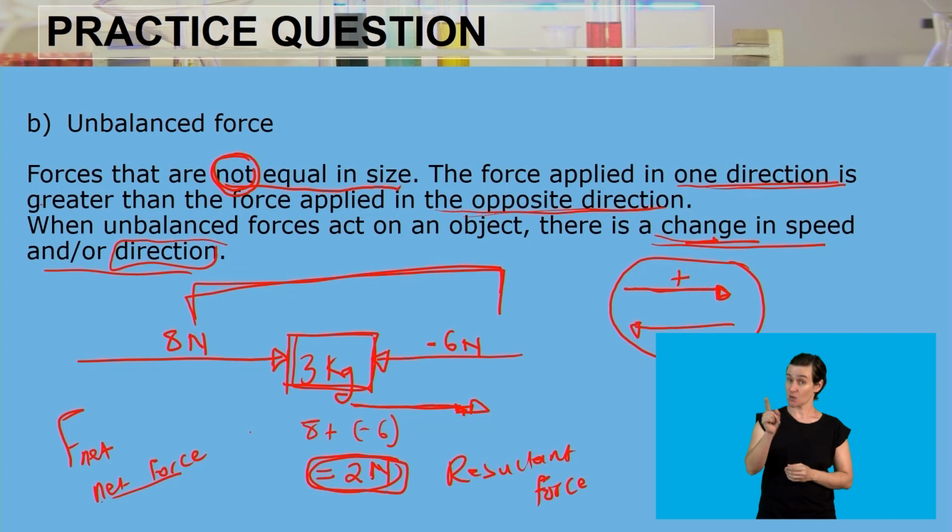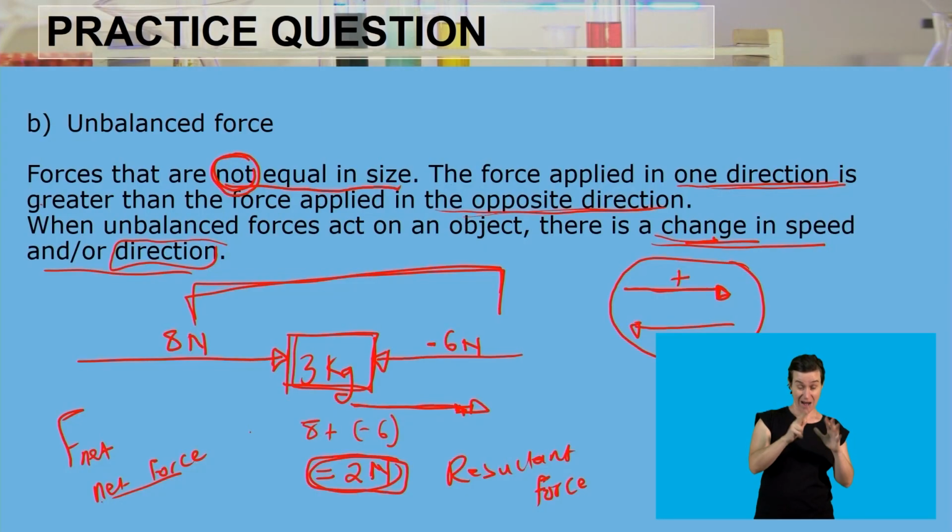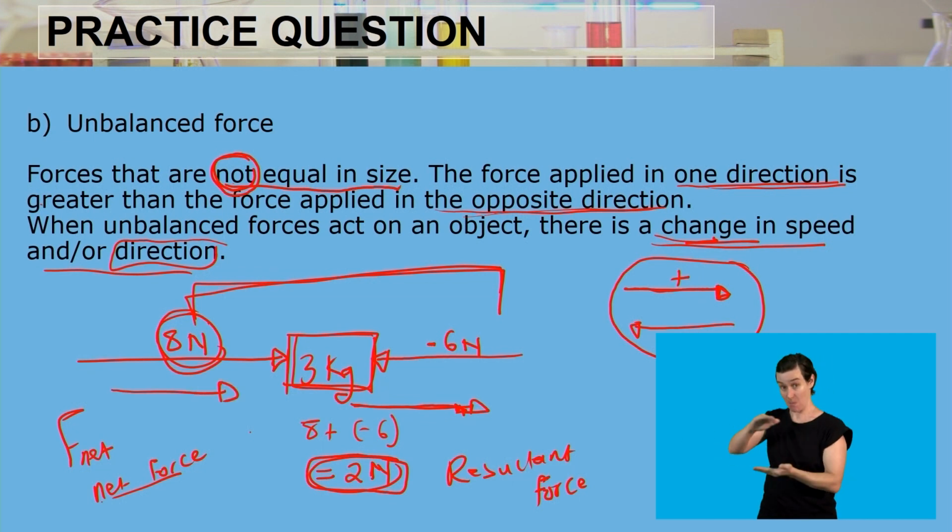Remember, we said the direction of the object will be dependent on the bigger force. So because the bigger force in this case is 8 newtons and 8 newtons is going to the right, that then means this object will also go to the right. Should it happen that, let's assume, this force was 16 newtons.